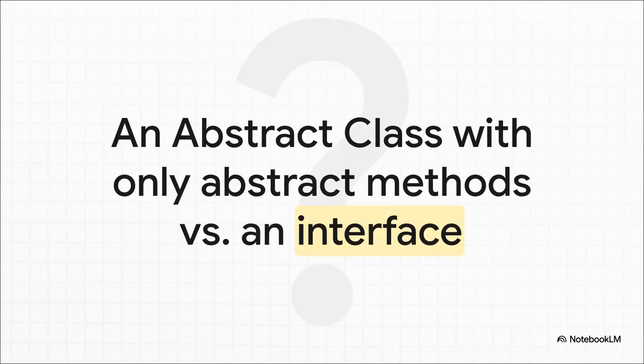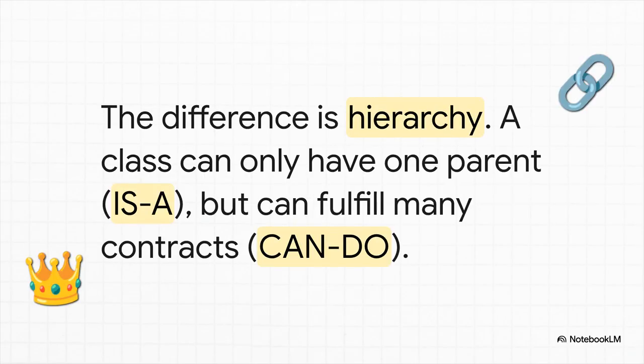And now, let's go back to that first riddle. We know the simple answer is about single versus multiple inheritance. But we can do so much better now. What's the real, fundamental difference, even when they look syntactically the same in this weird edge case? The difference is hierarchy. That's the key. When you inherit from that empty abstract class, you are making a permanent, defining choice.